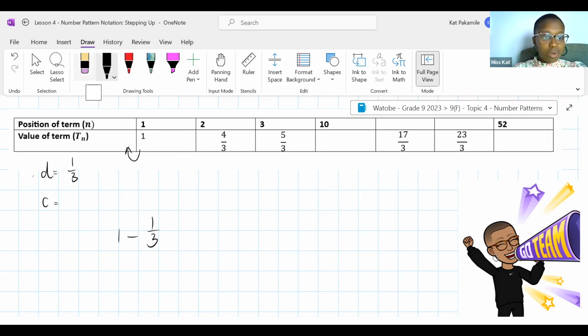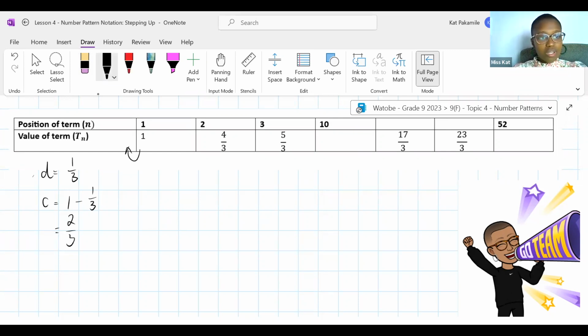What's 1 minus 1/3? Remember, 1 is the same as 3/3, right? 3/3 minus 1/3. What would be left? It's 2/3. Brilliant.